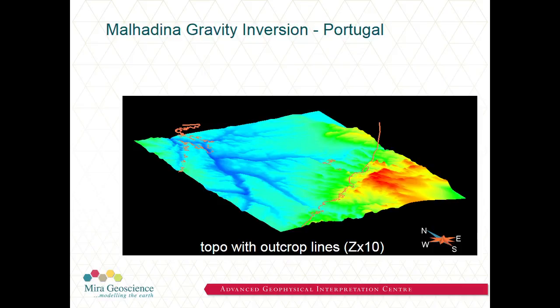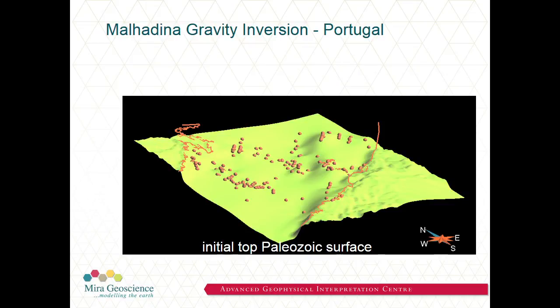The basin itself is within here. There were drill hole pierce points, so a fair amount of drilling had already been done within the basin. I don't have a scale on here, it's around 30 kilometers from east to west across there. So here you see the various drill hole pierce points, and what that is doing is it's pinning down the surface where each of those spheres are. And here you can see the actual topography, so much shorter wavelengths there. So a smooth surface fit through the drill hole pierce points at the top of the bedrock.